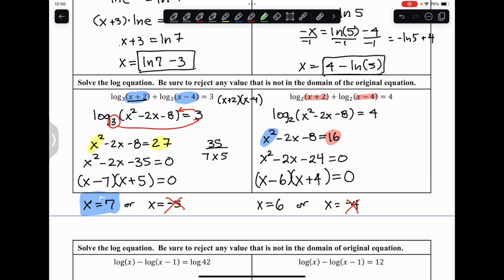And since for this one right here, x plus 2 has to be greater than 0, that means that x has to be greater than -2. And -4 is not greater than -2, so -4 is not a solution. And the only solution we have is 6. X equals 6.